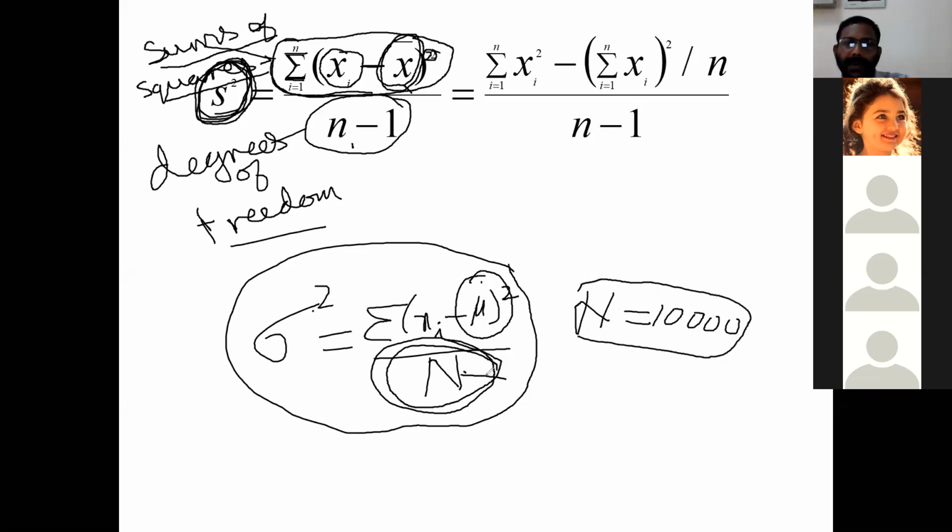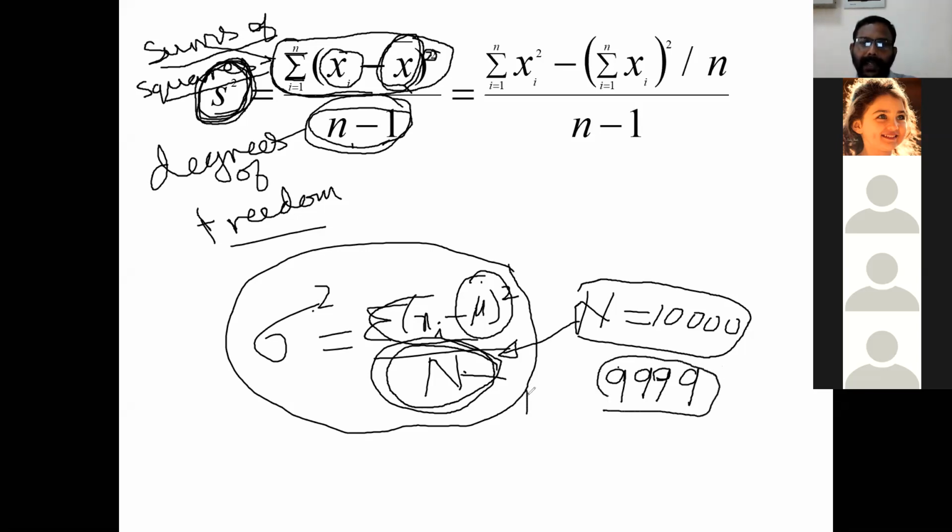If I divide the sums of squares by capital N, I am dividing by 10,000. If it is N minus 1, what is the value? It is 9,999.